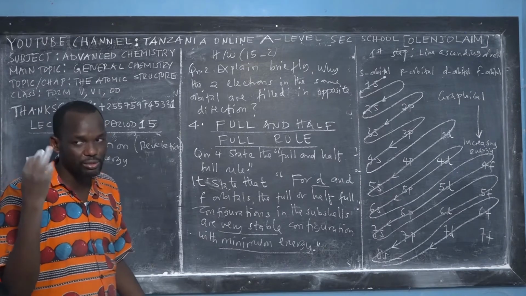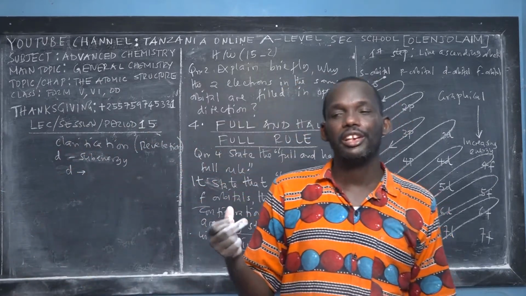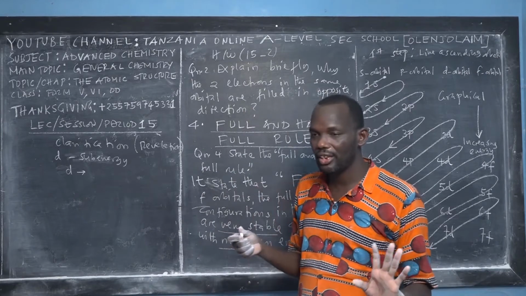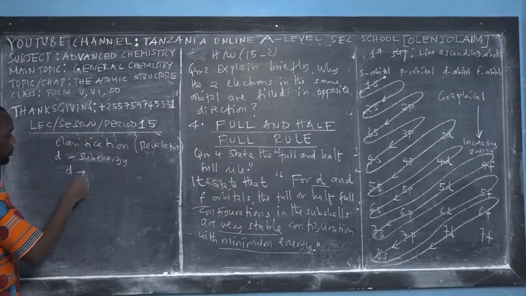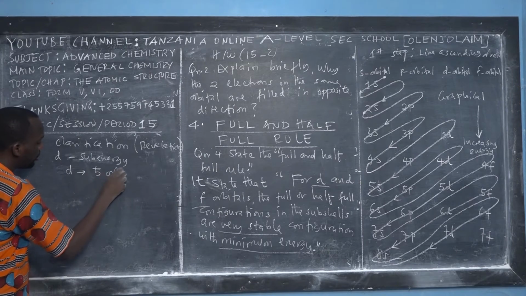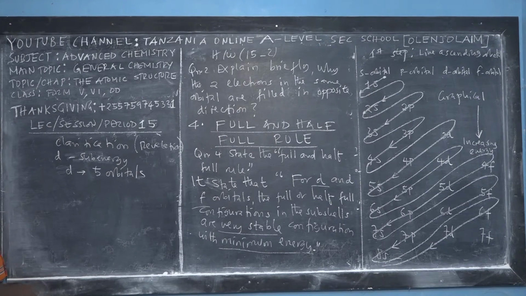S sub-energy level has 1 orbital. P sub-energy level has 3 orbitals. D sub-energy level has how many? 5 orbitals. So D sub-energy level has 5 orbitals, right?